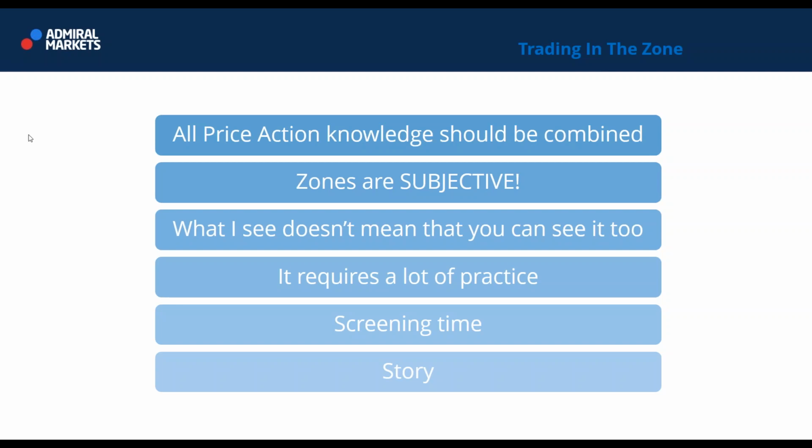When you open a chart, you will always see different patterns repeating all over again. Because of that, guys, forex trading is a very, very unique experience, and it is indeed very subjective.